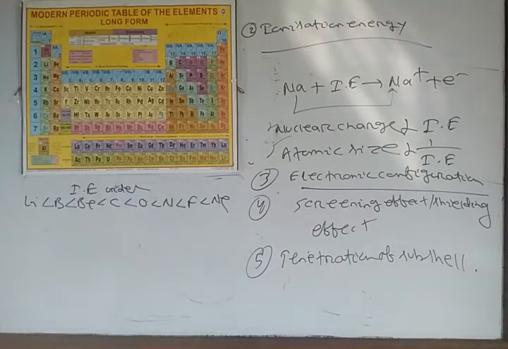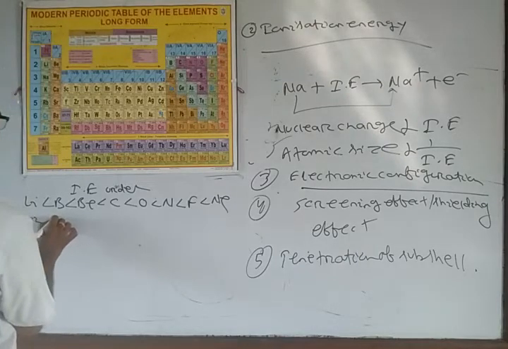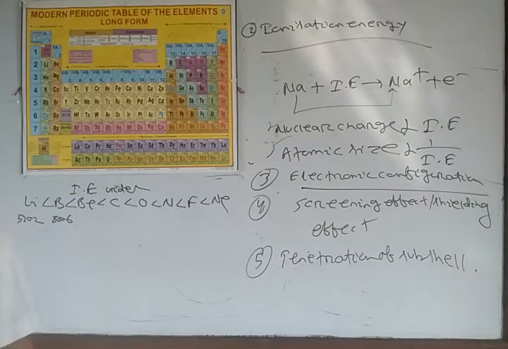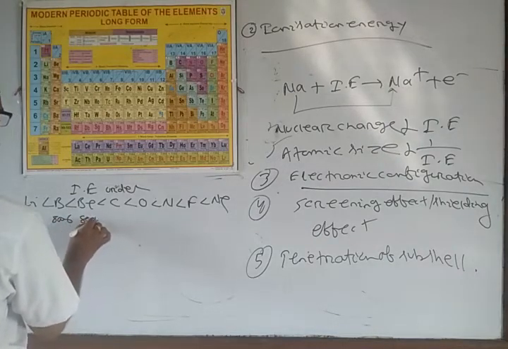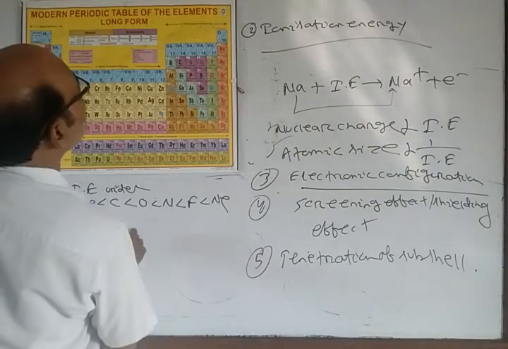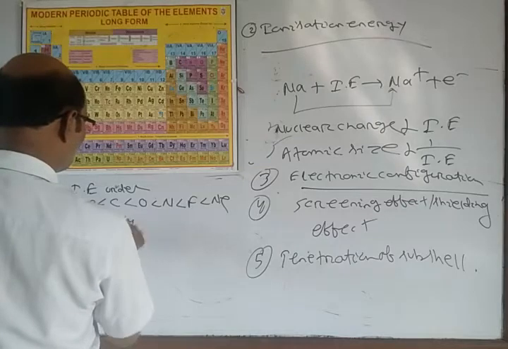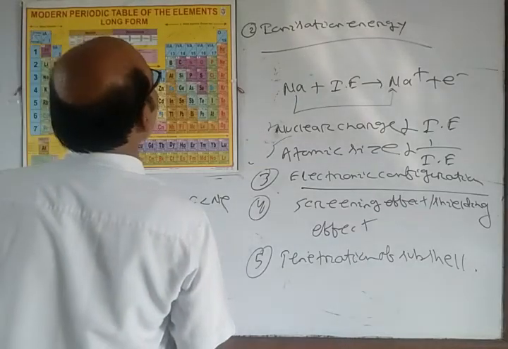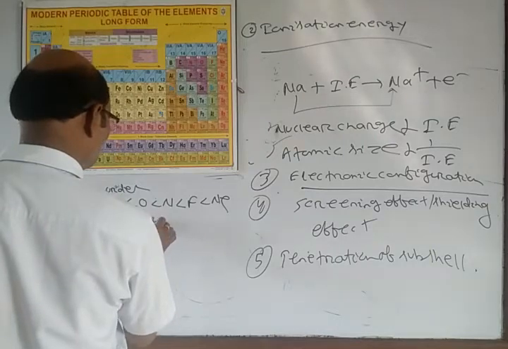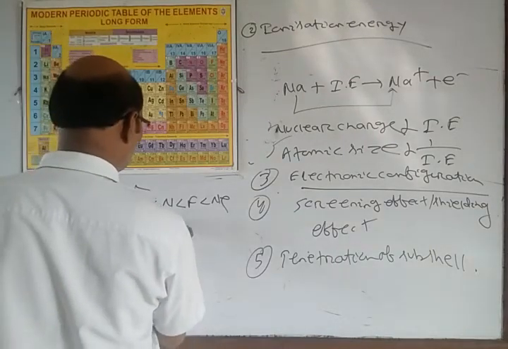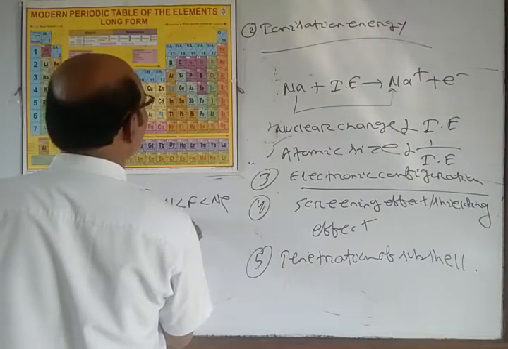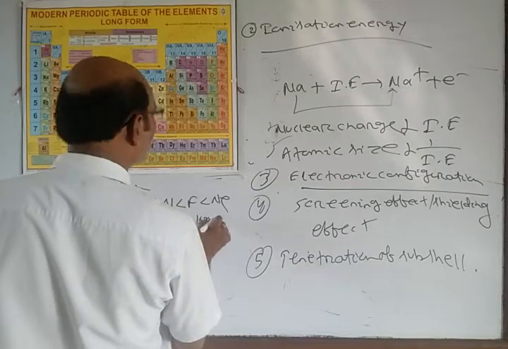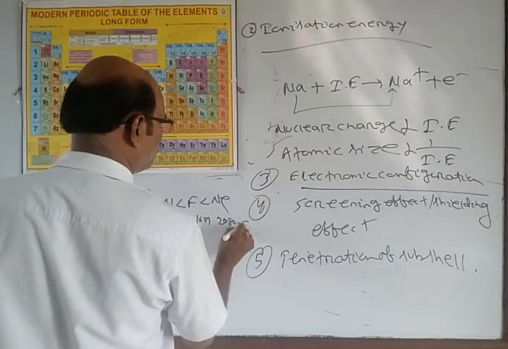Okay, so lithium we will have 520.2, boron 800.6, beryllium 899.4, carbon 1086.4, oxygen 1313.9, nitrogen here 1402.3, 1681, neon 2080.6.